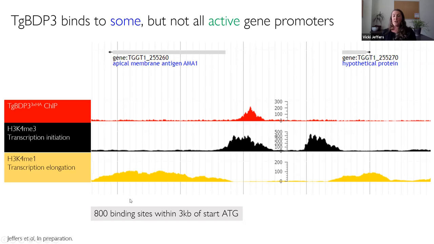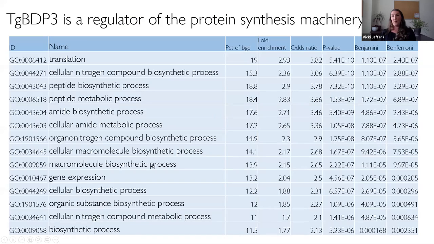So we ultimately observed BDP3 binding to about 800 genes within 3 kb of the start codon of translation. So we suspect these are under BDP3 regulation, but we really don't know yet what dictates BDP3 recruitment or preference for certain genes over others. But when we did look at the BDP3 target genes, we found it was really a mixed bag in general.